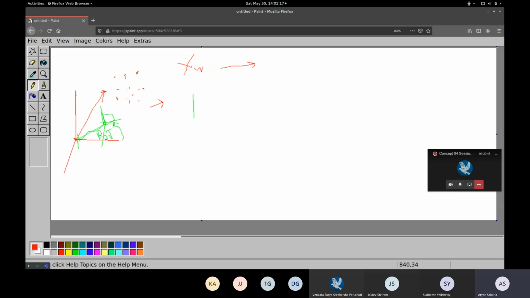Writing translation as a matrix multiplication: this is my identity, this is 0, so minus t over here, and this is a 1. Guys, is this clear? All I'm doing is translating everything back by what my camera was translated.